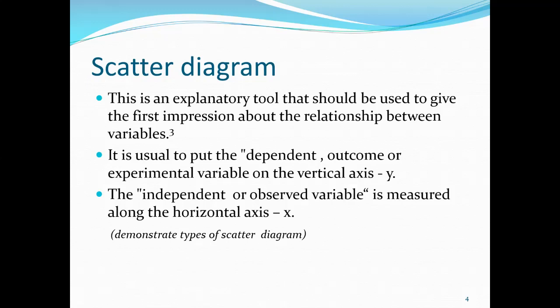And it is also the experimental variable because it is usually the variable we are interested in. If I have age and blood pressure, these are two variables. Age changes for everybody, blood pressure changes for everybody. So they are both variables because their magnitude changes. Between age and blood pressure, which is the dependent variable? Of course, blood pressure, because it depends on the age.